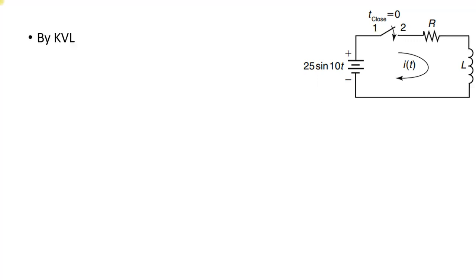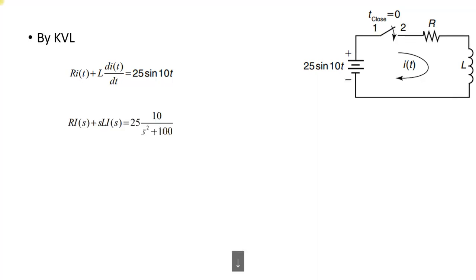Now this is the corresponding circuit diagram, and you write the loop equation for the circuit. It looks like this: 25 sine 10t equals R into i(t) plus L into di(t)/dt. In this problem I take the initial current through the inductor as 0, because there is no data given regarding the initial current flow through the inductor. If nothing is given about the initial current, simply take the initial current as 0.